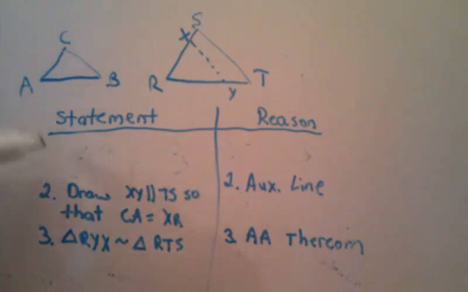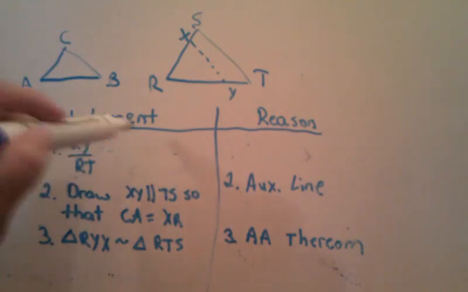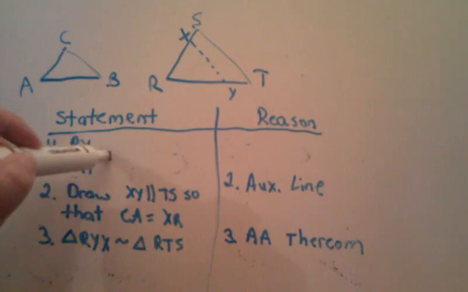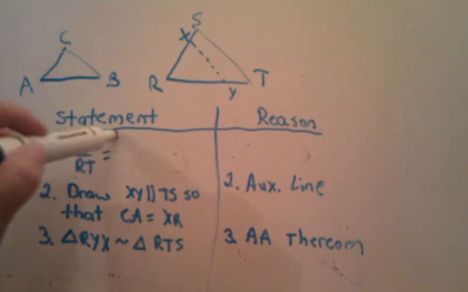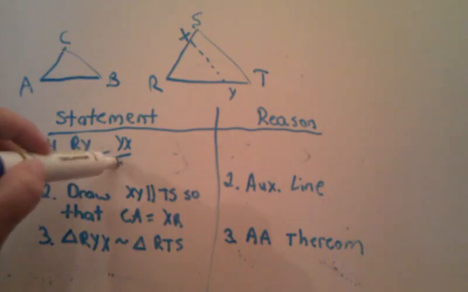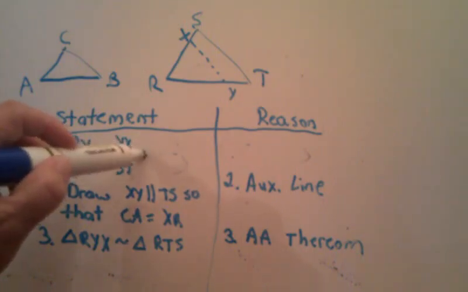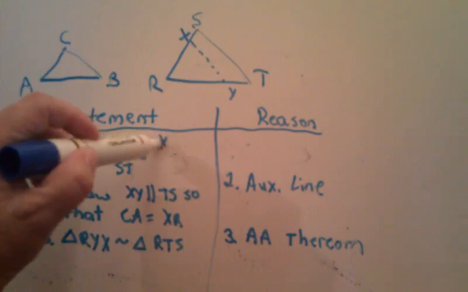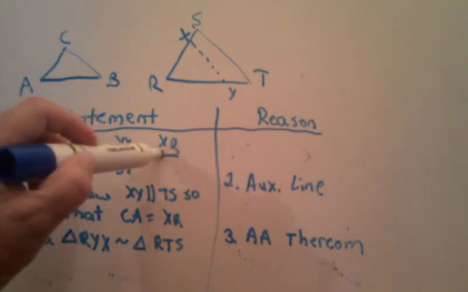Okay, so number 4 says RY over RT. RY is to RT as YX is to ST as XR is to RS.